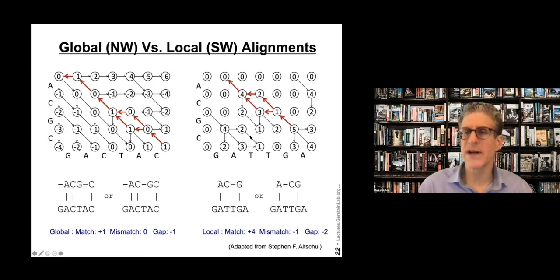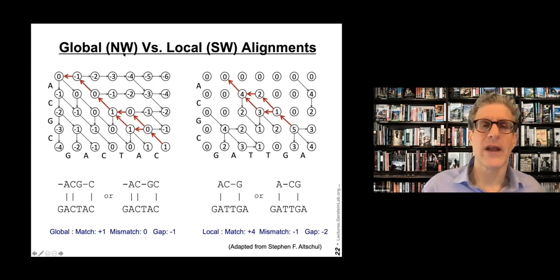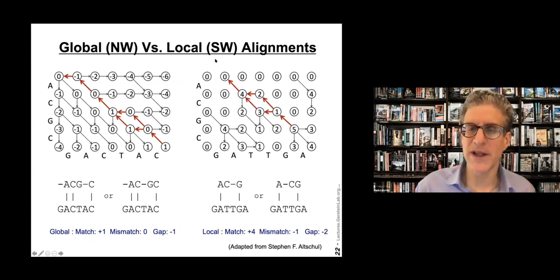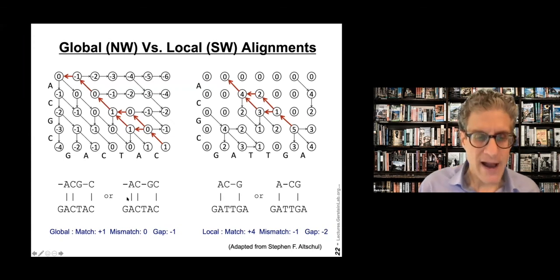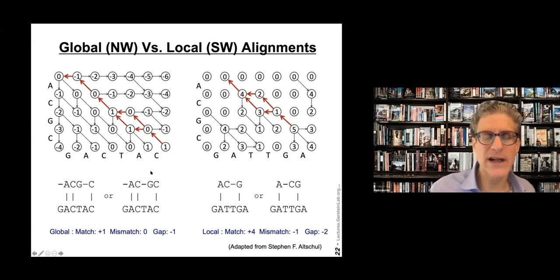And here's a picture where I've contrasted the global Needleman and Wunsch versus the local Smith-Waterman alignment. This is from Stephen Altschul's book. And so you can see it's a little bit different what's going on here.